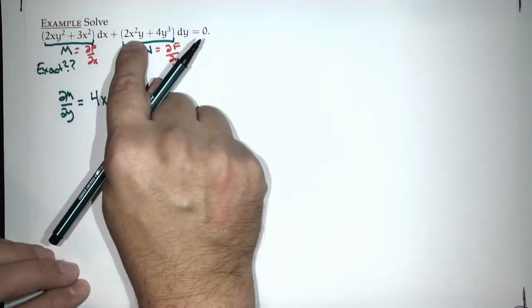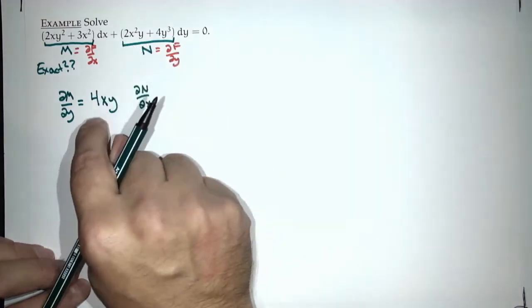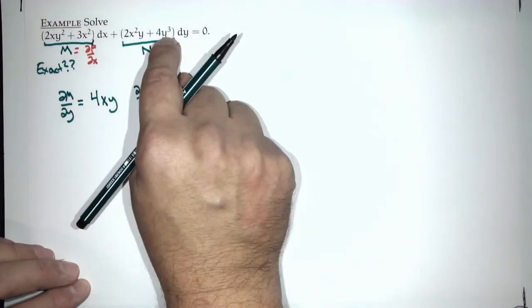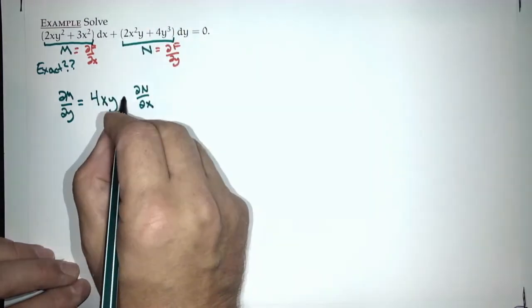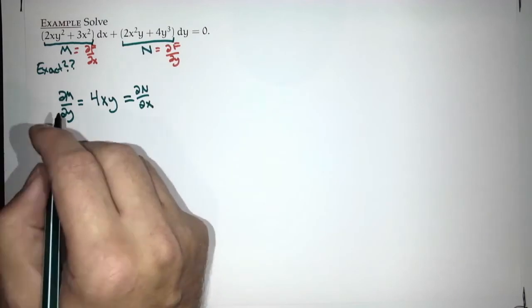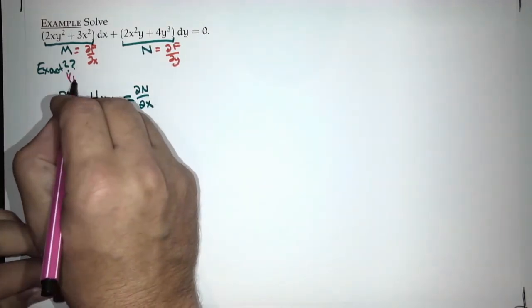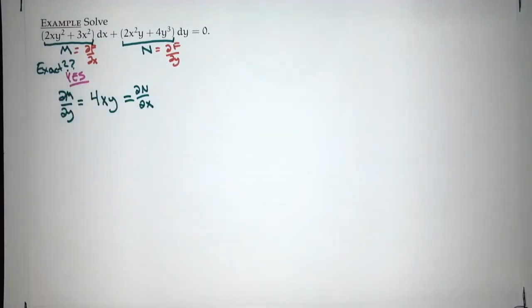What's the derivative of 2x squared y with respect to x? 4xy, that's good. Derivative of 4y cubed with respect to x? 0. So these partial derivatives match, which means, is it exact? And the answer is yes. We can definitely say it's exact.